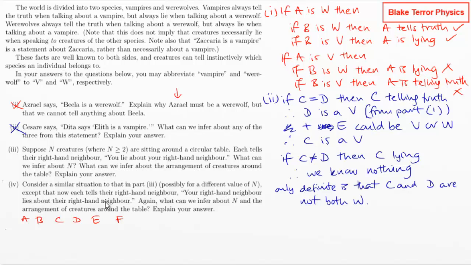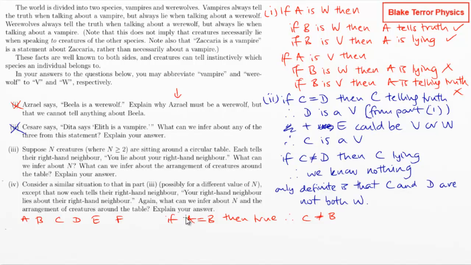So let's start off with if A equals B. If A and B are the same, then it's true what they're saying. So it's true that they lie about their right-hand neighbour, which means that therefore C is not equal to B, or A for that matter.